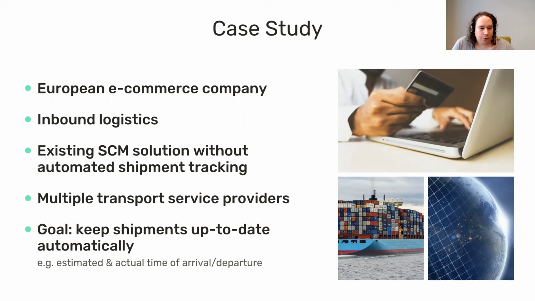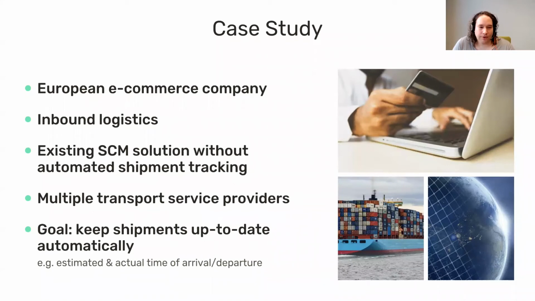And the goal for this project was to keep the shipments up to date automatically. What the people in the company were mainly interested in was the estimated and actual time of arrival and departure. It was surprising to me how many departments in the company were reliant on that information.